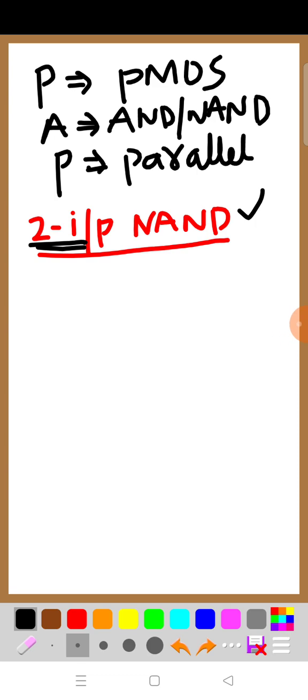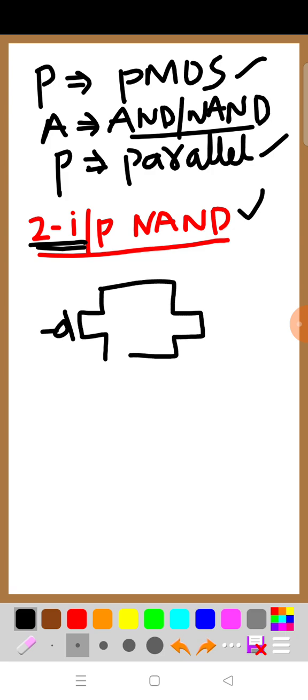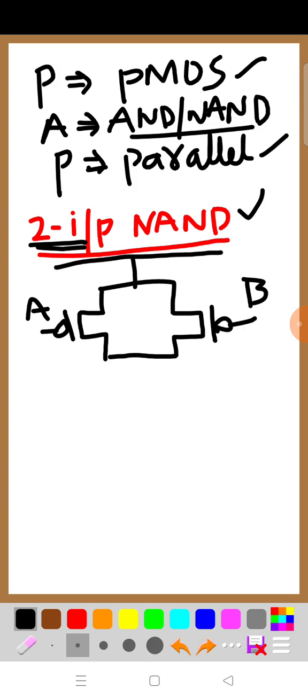I already said that in AND or NAND logic the PMOS should be connected in parallel. Therefore I have considered a PMOS transistor. This is one PMOS transistor and this is another PMOS transistor. These two should be connected in parallel. Since 2 inputs are there, I have taken 2 transistors.